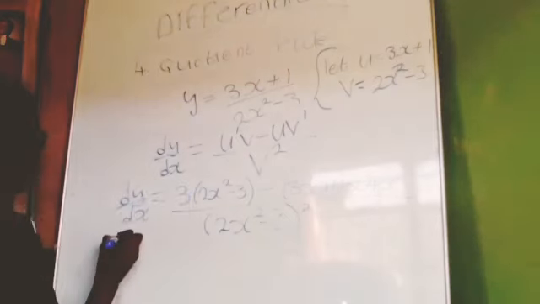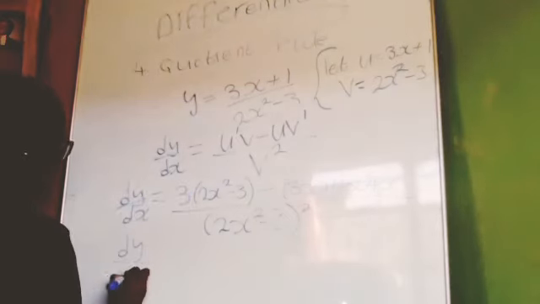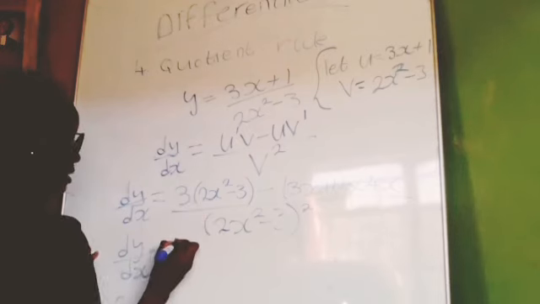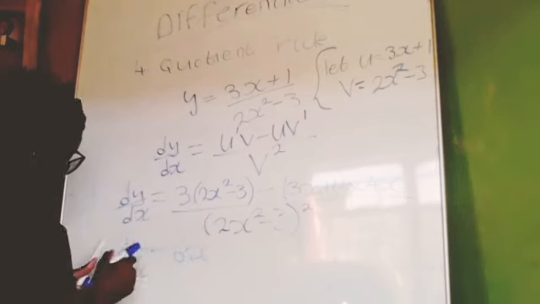And we can expand the top part. dy dx is equal to 3 times 2x, that's 6x. 3 times 2x squared, so that's 6x squared, minus 3 times 3, that's 9, minus, please, brackets are very important because unlike the plus sign, a minus is really going to affect all this.